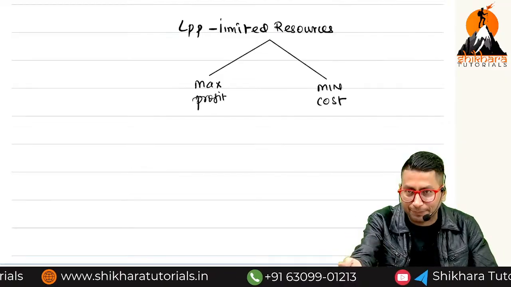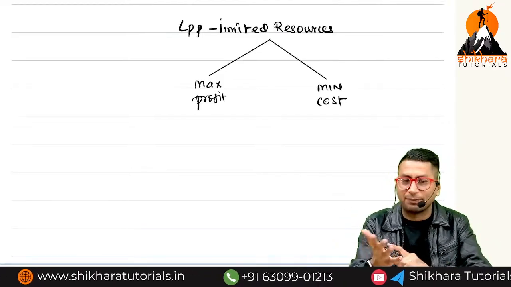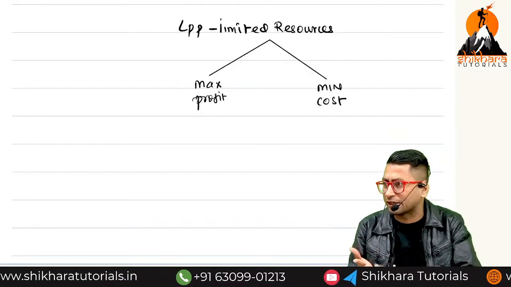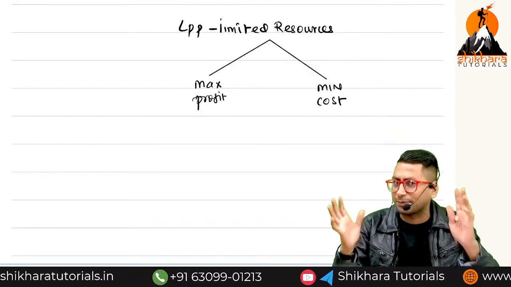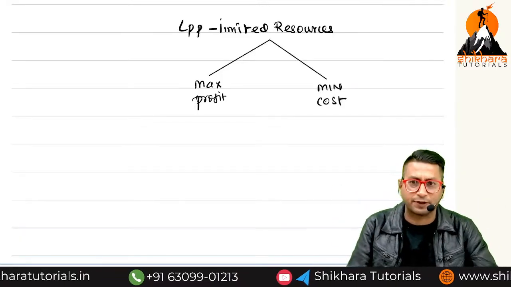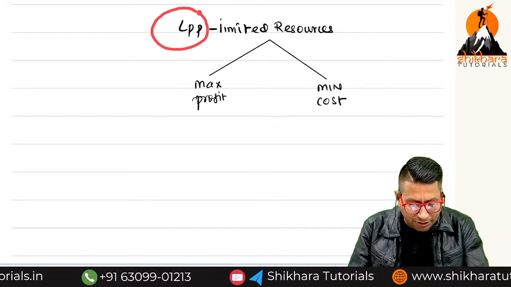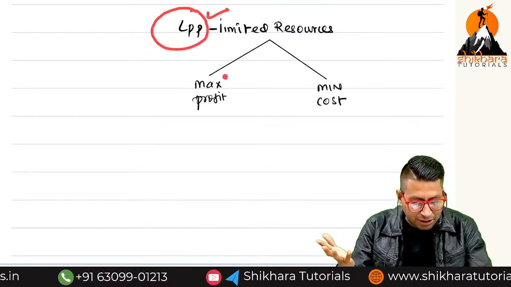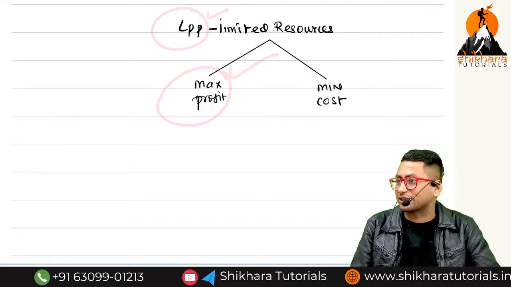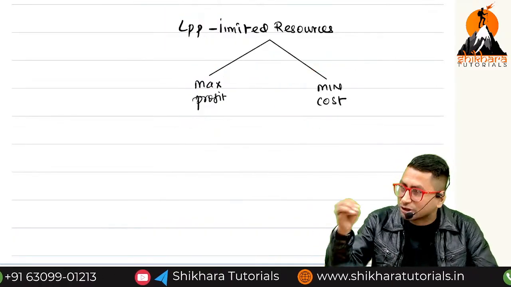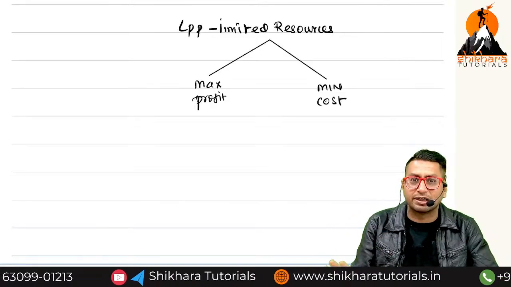It is not practically possible, but assume wherever I want, I can set up a factory. In that situation, can I use linear programming problems? No, because I will always be able to maximize whatever I want and minimize what I want.